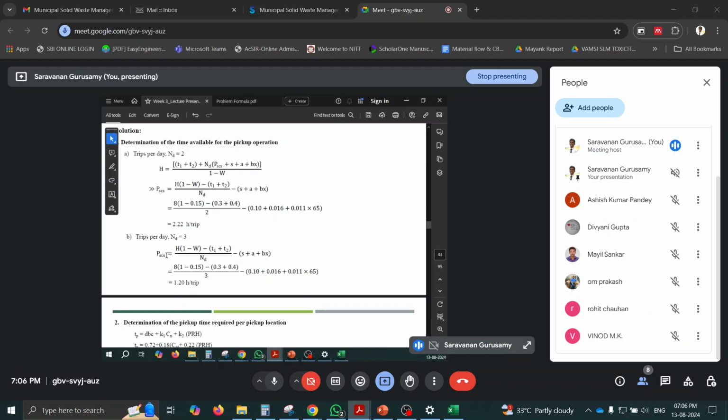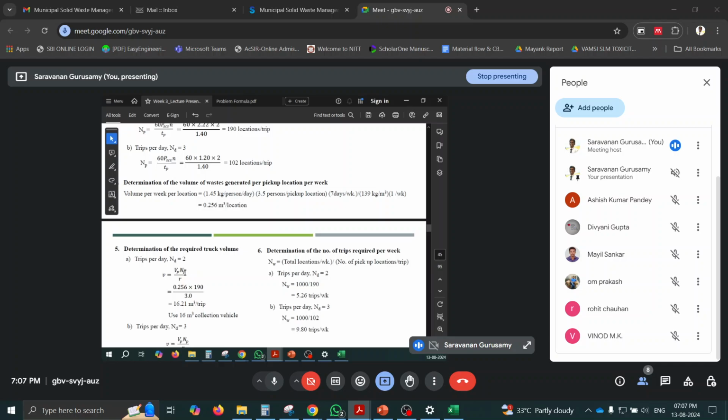For finding the pickup time for the stationary container system, we can use the normal total formula. We can rewrite and find this equation. This is not a different formula, the same H formula we are using to find the PSC. In that we are simply substituting ND equal to 2 and another one ND equal to 3. We are getting 2 PSC values.